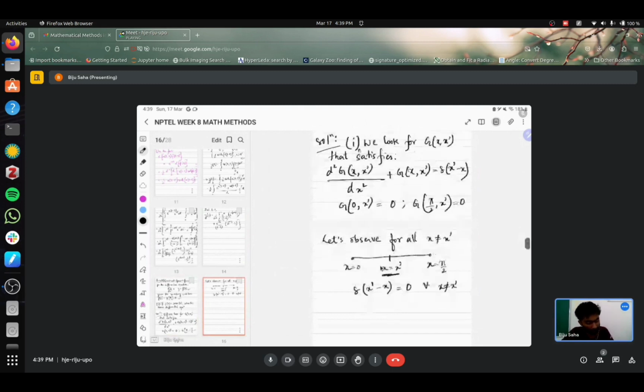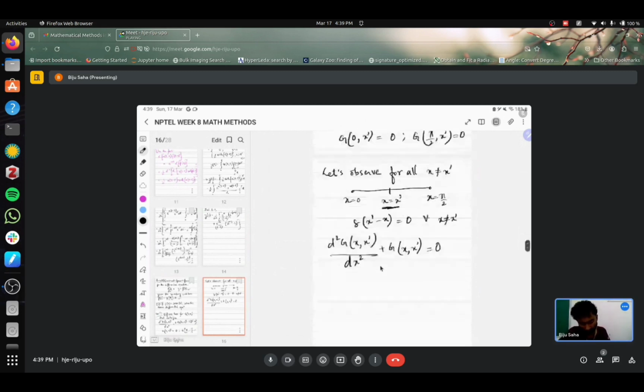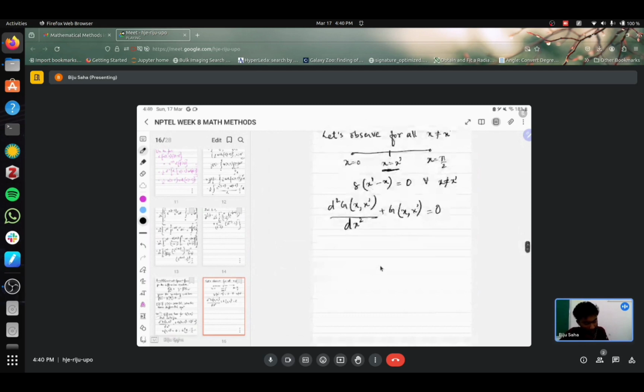For all such x values, I have this form. Interestingly, this form of equation has solutions of the form sin x and cos x.